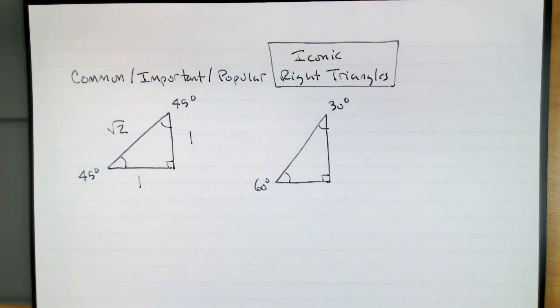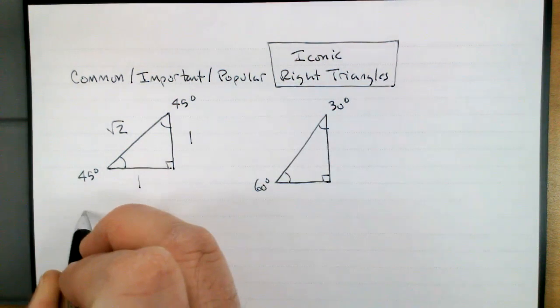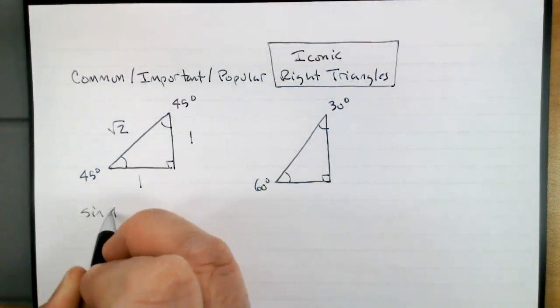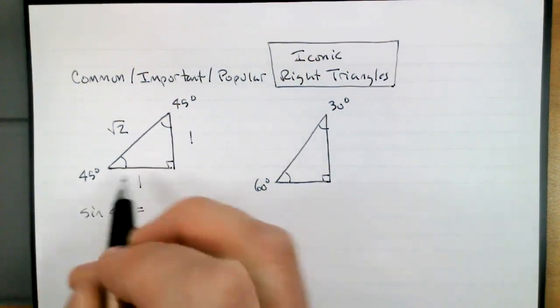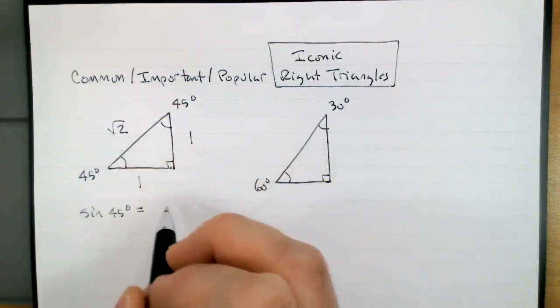The other thing that we get out of this is the sine, cosine, and tangent of 45 degrees. So the sine of 45 degrees is opposite 1 over hypotenuse root 2.